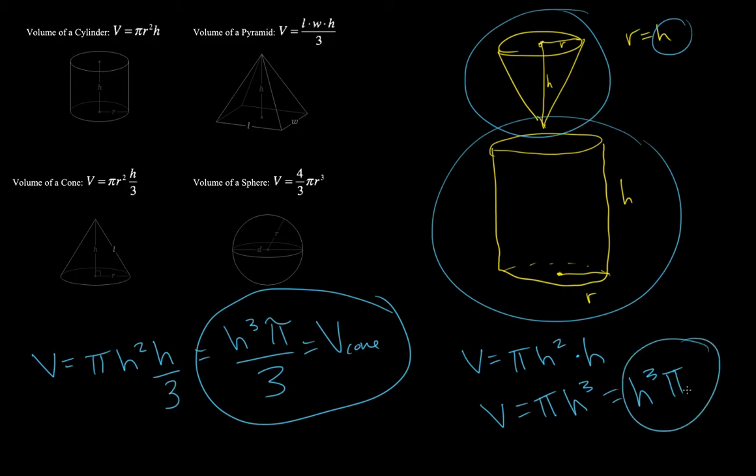And notice that this answer and this answer, the only difference is the cone is divided by 3. And so the sand would only fill up 1/3 of the total.